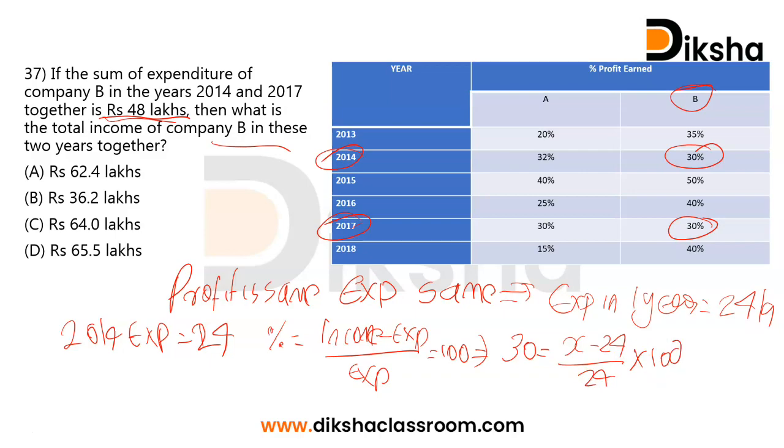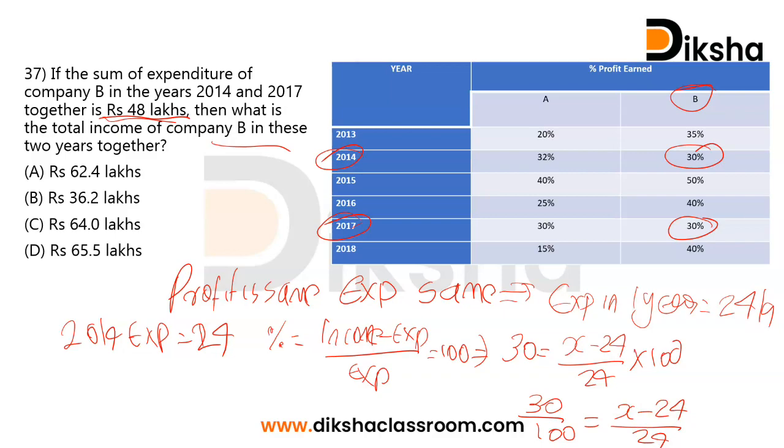Then we want to solve the equation in the same way we have already done in the previous case. I will be doing that. Bringing 100 here, we get 30 by 100 equal to x minus 24 by 24.